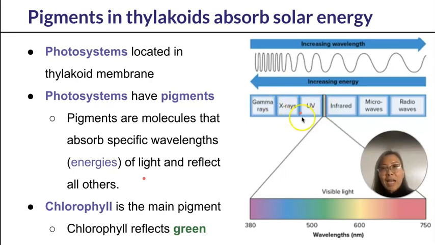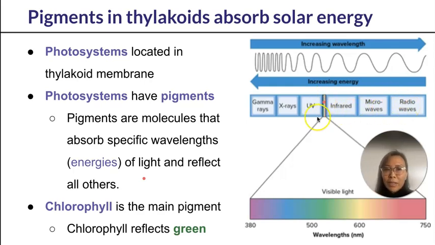UV light also has higher energy than the visible light. And so even though we can't see UV, we can actually feel the energy that radiates off of it, right? And then you have infrared, and also radio waves and microwaves. So these all have wavelengths associated with them.